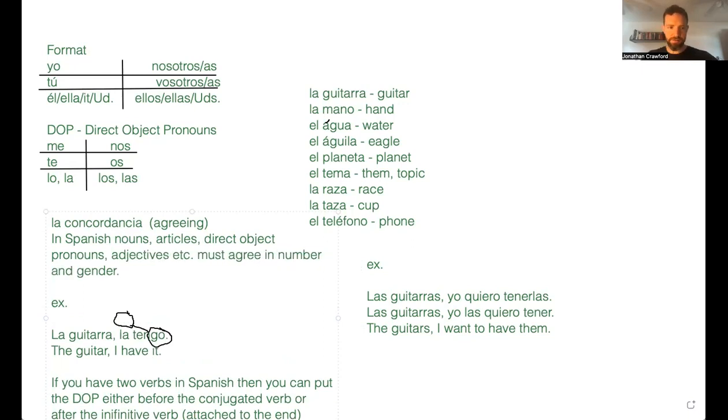Los adjetivos must agree in number and gender. So if I say, for example, los planetas, me gustan los rojos.